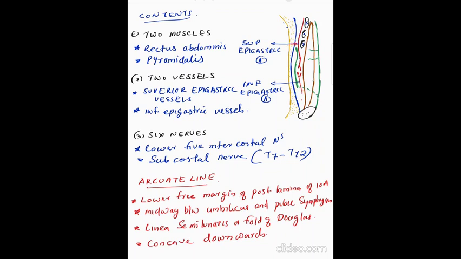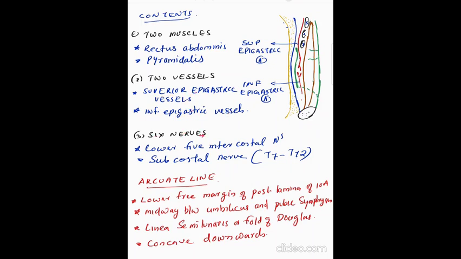The superior epigastric artery is a branch of the internal thoracic artery, whereas the inferior epigastric artery is a branch of the external iliac artery. Along with the arteries there are veins also. So there are two vessels, superior epigastric vessels and inferior epigastric vessels, that means two arteries and two veins.